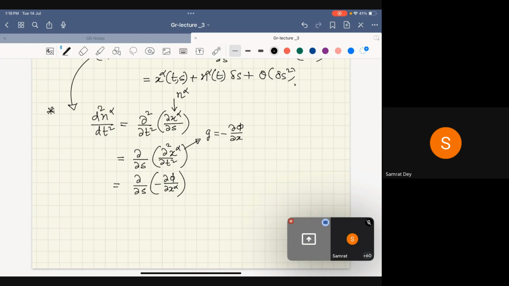So using the chain rule, this will be written as partial x^beta over partial s times partial over partial x^beta of minus partial phi over partial x^alpha. By definition, partial x^beta over partial s is the separation vector n^beta, so I will write it as minus n^beta partial^2 phi over partial x^alpha partial x^beta.